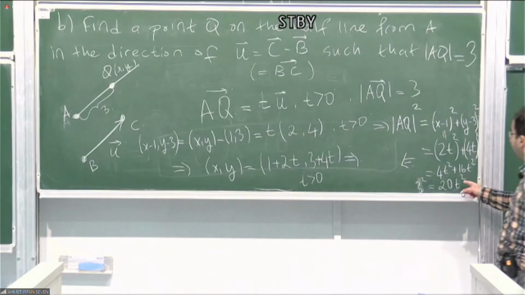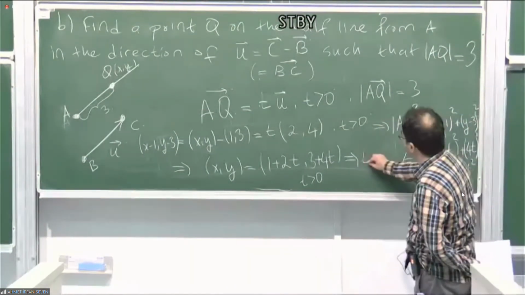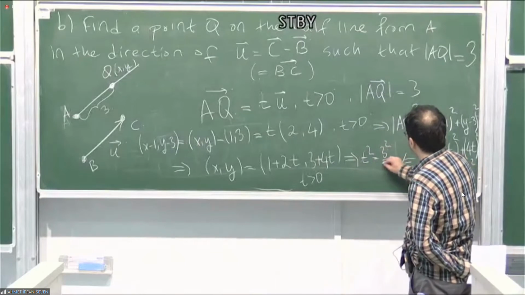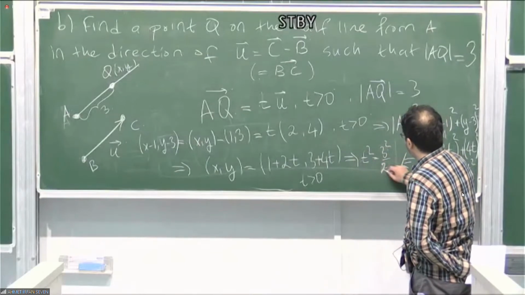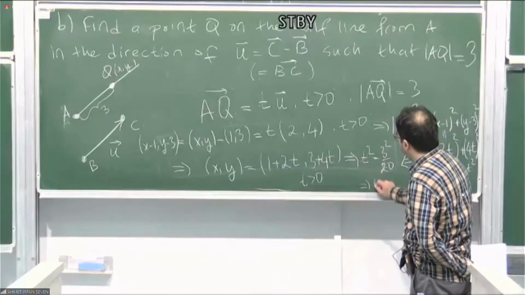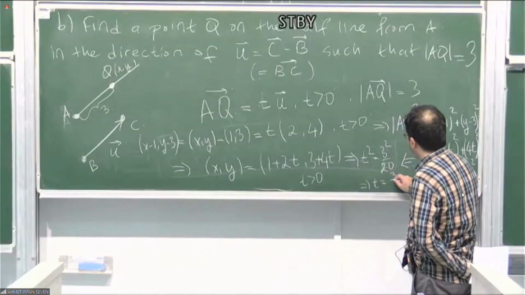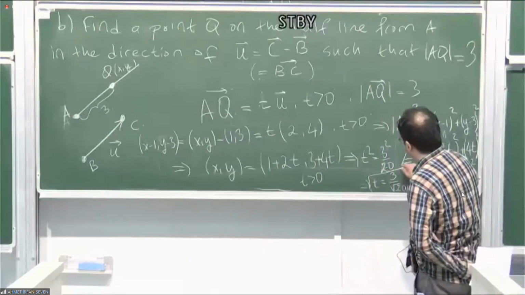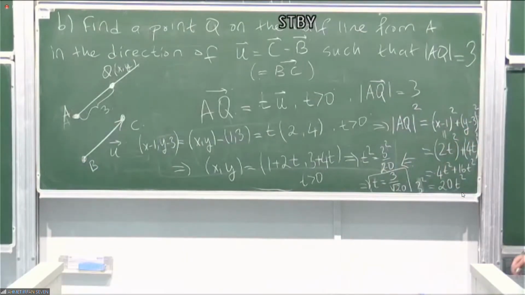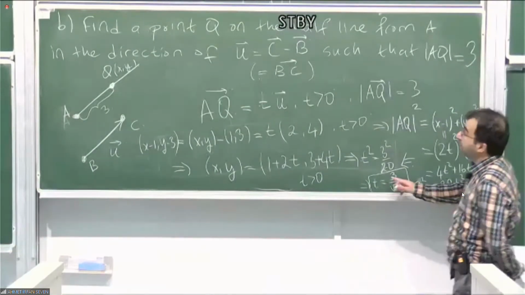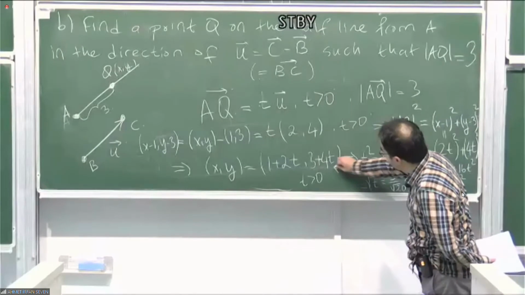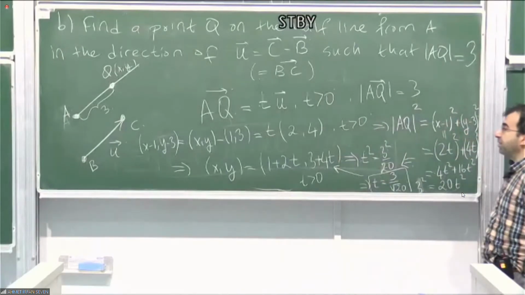So we see that t squared equals 3 squared over 20, and from here, we get t as 3 over square root of 20, if I'm not mistaken in these calculations. And if we want to find Q, we need to put this t in here. This will give me the point Q.